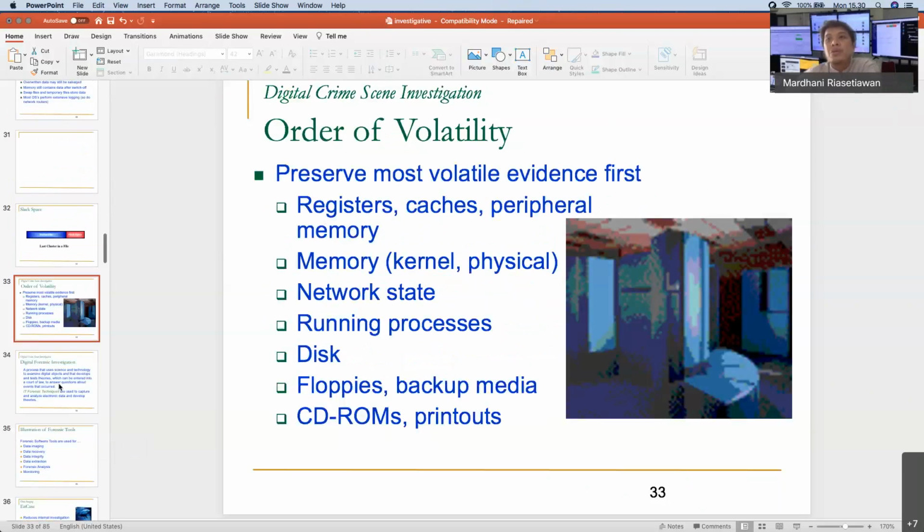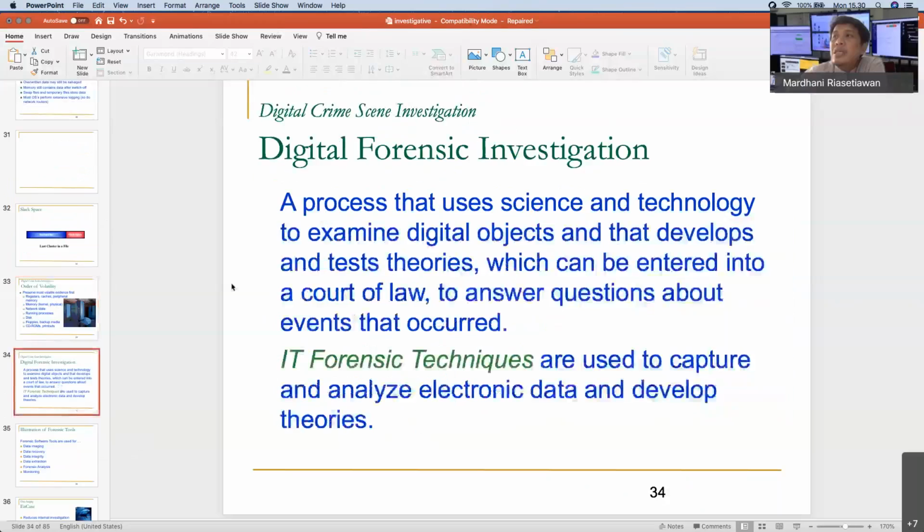That's why in digital forensic investigation, we need to use science and technology to examine digital objects and then develop a theory. After we have the theory, we do research. After we have an assumption, we go to the case and answer questions about what happened in the fraud event.